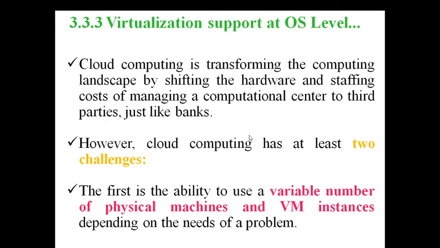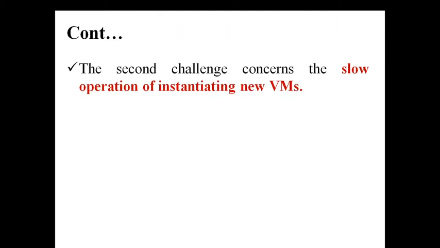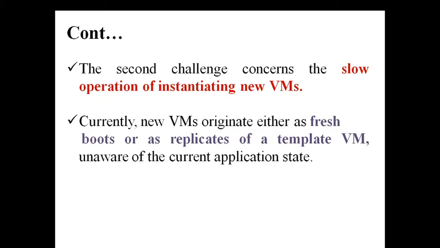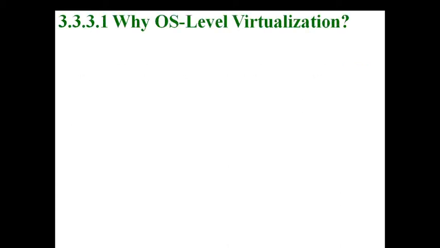So the two basic challenges are: the number of physical machines being added and VM instances being used, and the problem with operating time because of installation of new VMs. For this, if there is any problem, we have to create a new VM, or use a template of a VM.